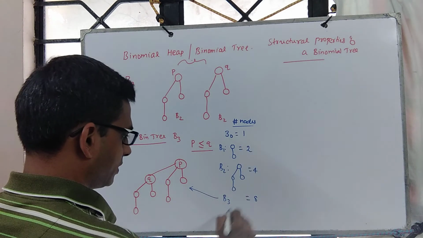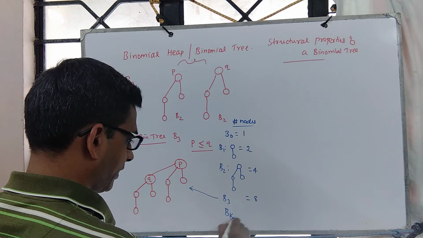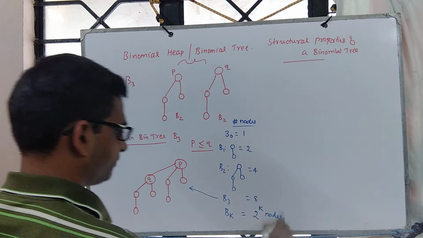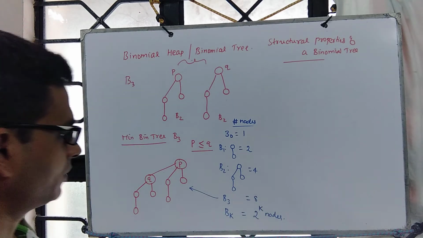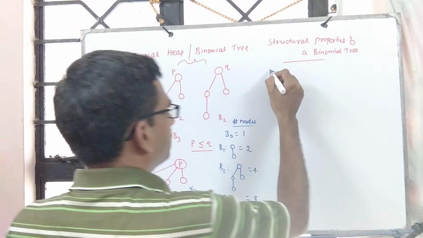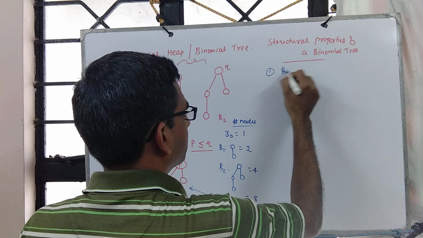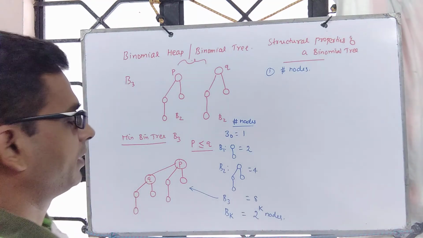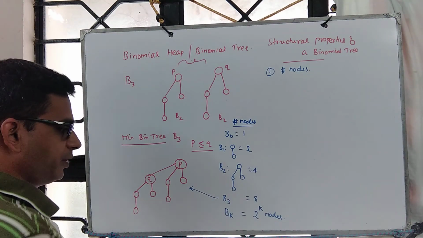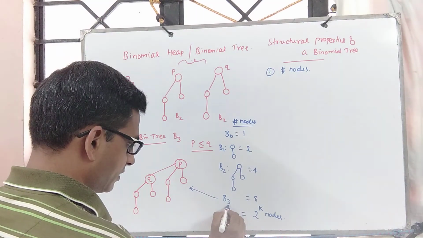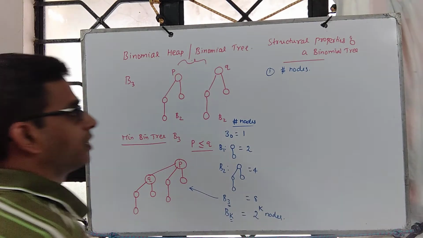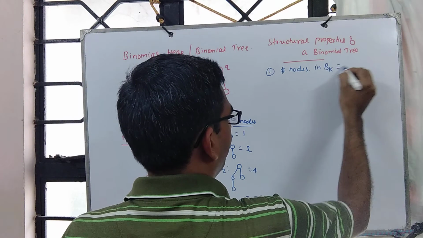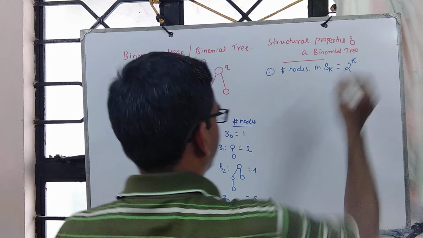So this follows a pattern. In general, if you look at Bk, there are 2 power k nodes. This can be proved using induction. The k is this k. So the number of nodes in Bk is 2 power k.